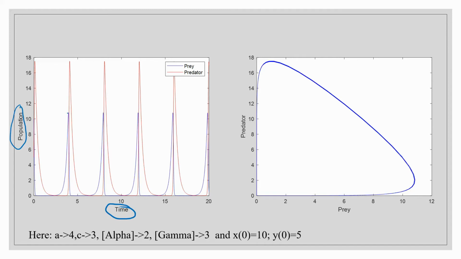You can see that over here the prey population is maximum, and since the predator population is getting enough food, it is also growing to its maximum value. Due to the predator growing to maximum, it will eat more prey, and then you can see that the prey population, this blue one is for prey, goes approximately to 0, and then the predator population, which depends entirely upon the prey population, will begin to starve, and it will also go down.